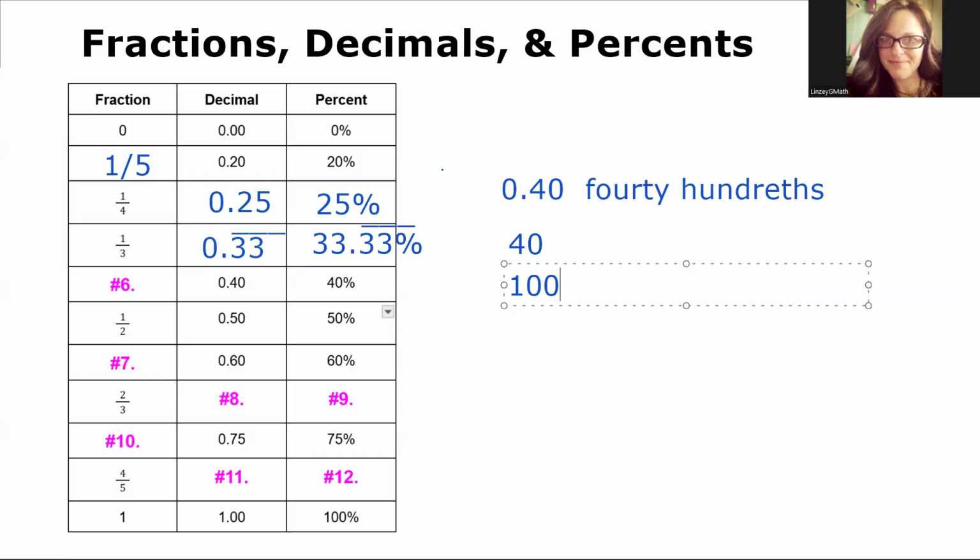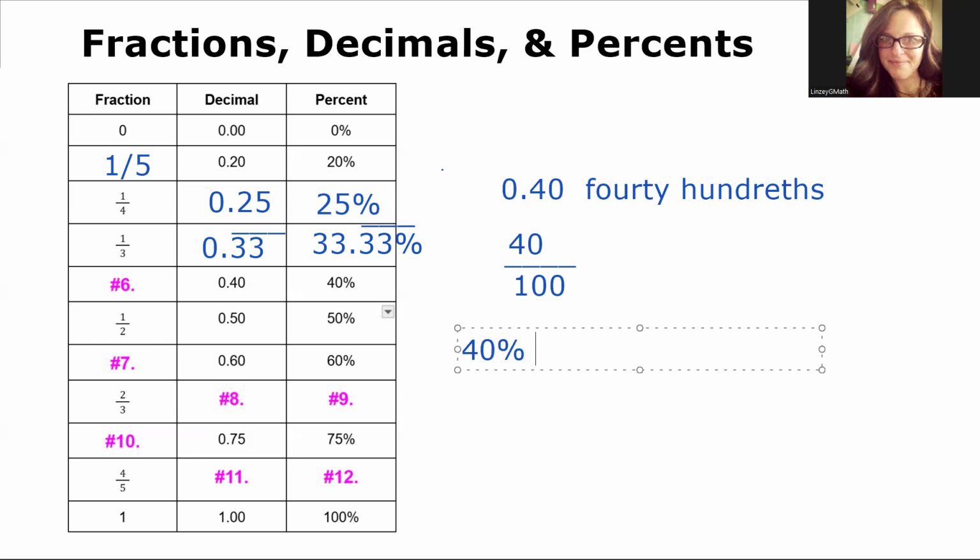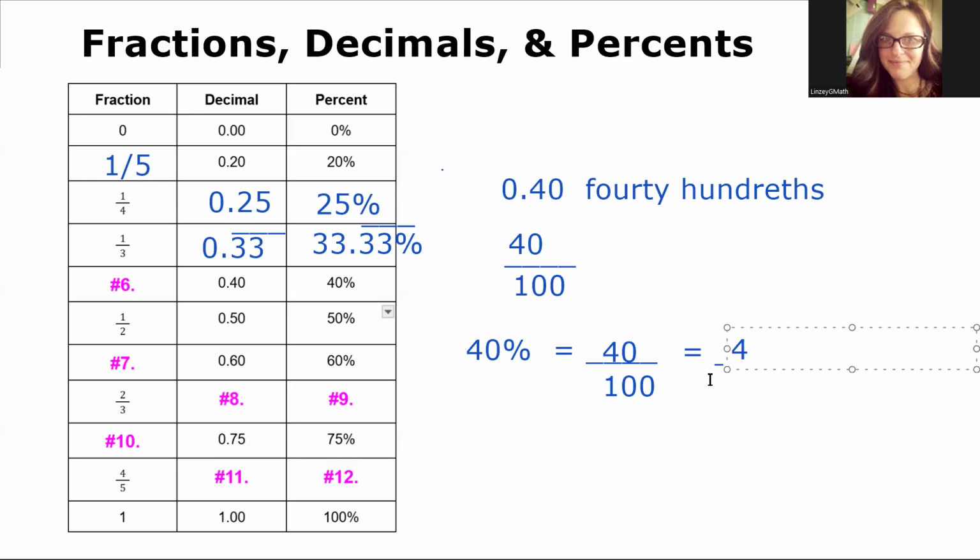Or as the percent, 40% means 40 out of 100. And then we'll reduce. You could divide by 10, and you get 4 over 10. And then you could divide by 2, and we get 2/5. 40% is 2/5.